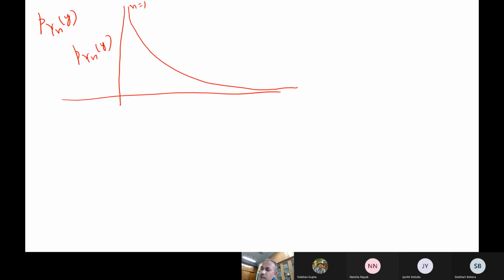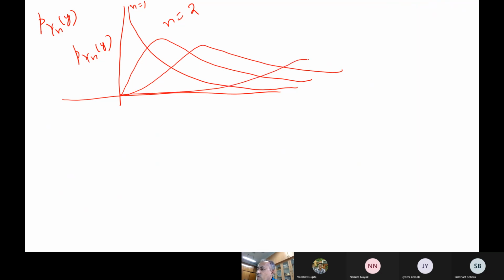You followed. Now when n is equal to 2, because of double exponential, it shifts actually. Now when n is equal to 3, it goes like this. When n is larger, you followed, right, it decays like that. So what is happening as the sample size is increasing? Where is the maximum probability going?